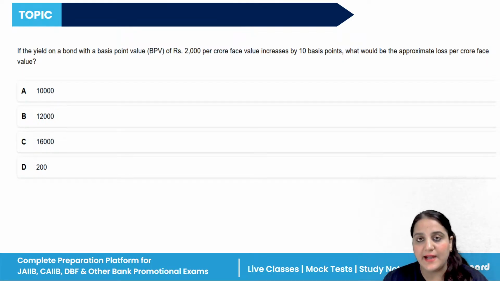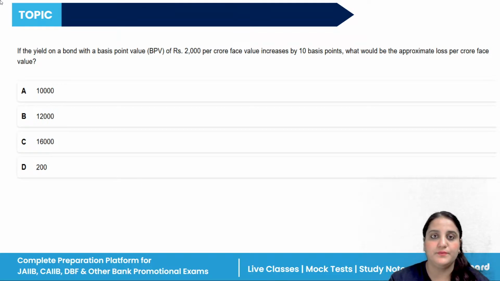The question is saying that if the yield on a bond with a basis point value of 2000 per crore face value increases by 10 basis points, what should be the approximate loss per crore face value? We have to calculate the loss per crore face value.